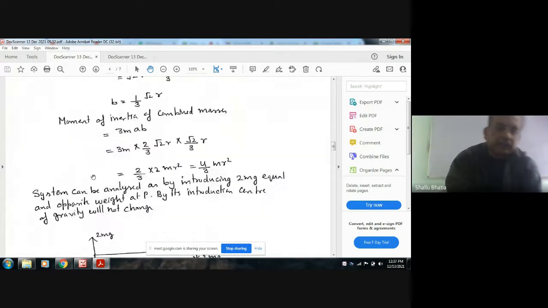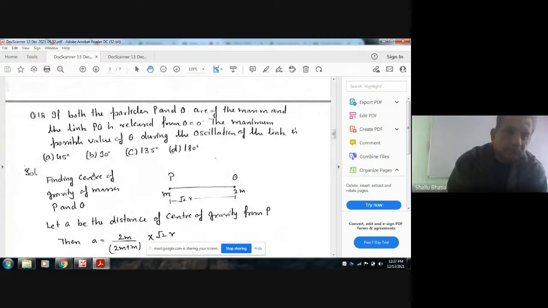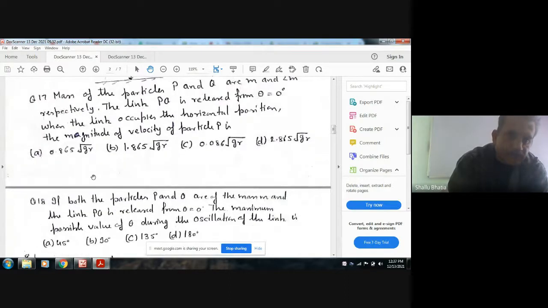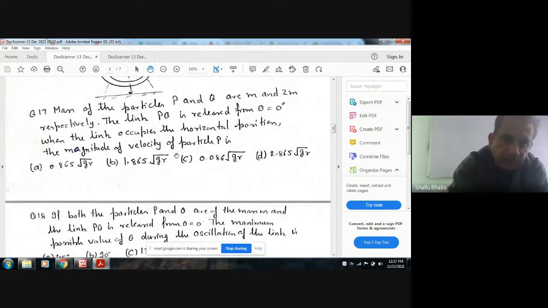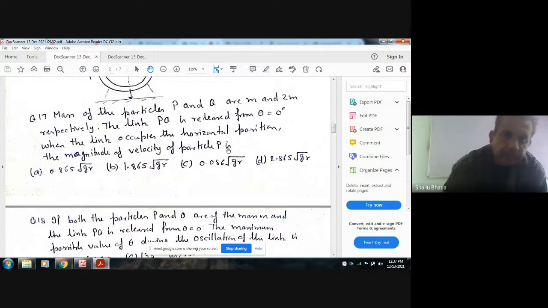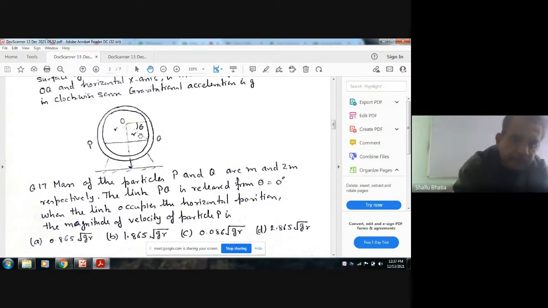It is given that the link PQ is released from theta equal to 0, and when the link occupies the horizontal position, we need the magnitude of the velocity of the particle. So when theta is 0, that is the initial position.